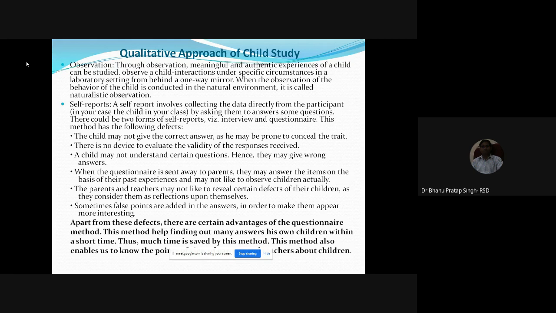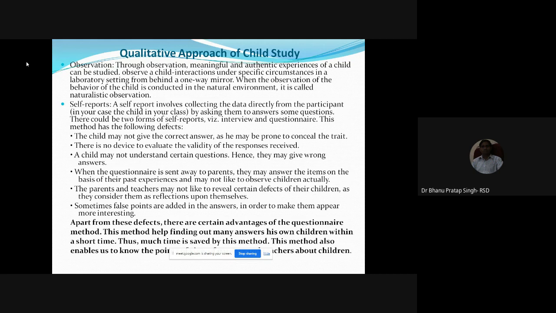The second is self-report. A self-report involves collecting the data directly from the participants. You raise some questions and ask the child to answer, and based on the answers you can form a report.